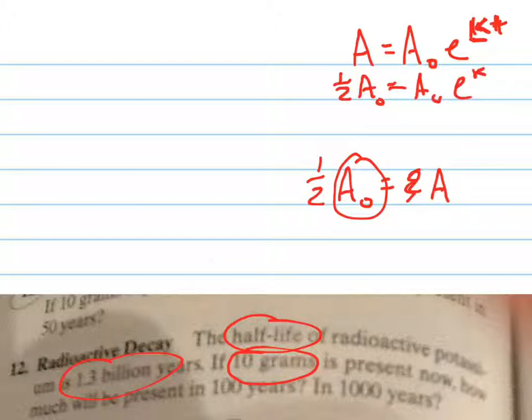So K to the 1.3 billion years, which is 1, 3, and a bunch of zeros after it. I'll clean that up in a second.